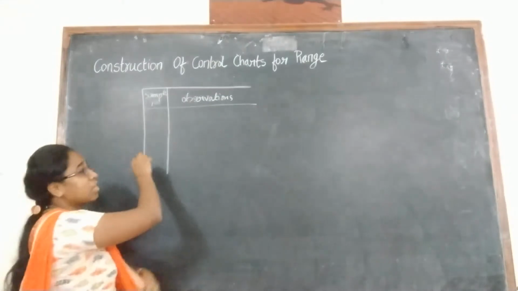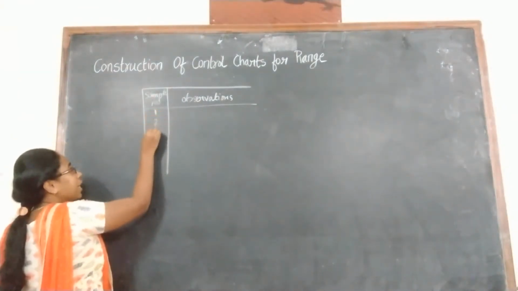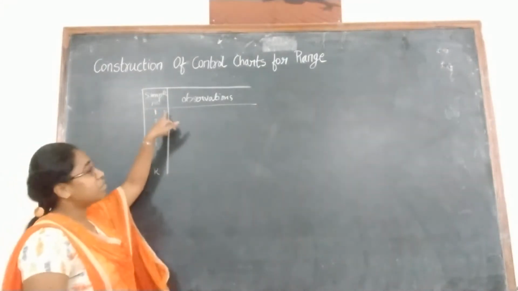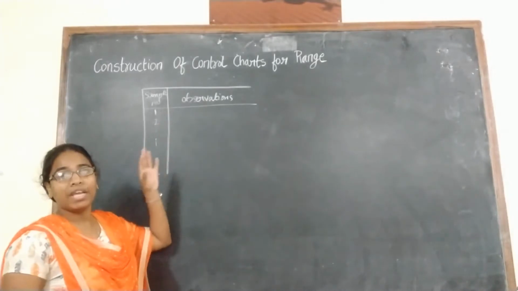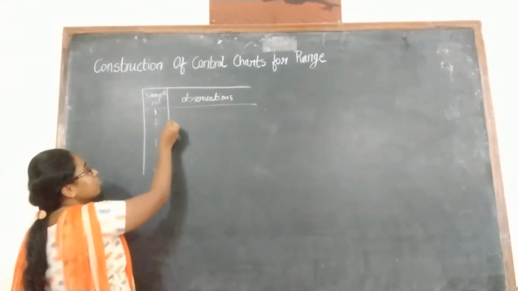Totally k samples. Whole population is divided into k samples. So you write down k samples, and the observations in each sample will be n observations. For every sample we will be having n number of observations.